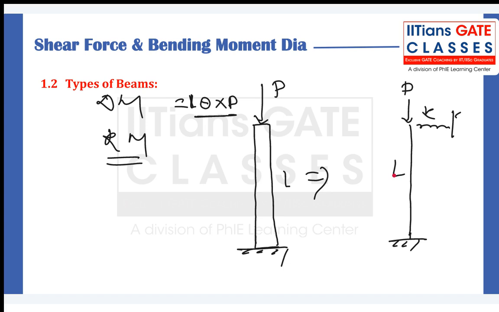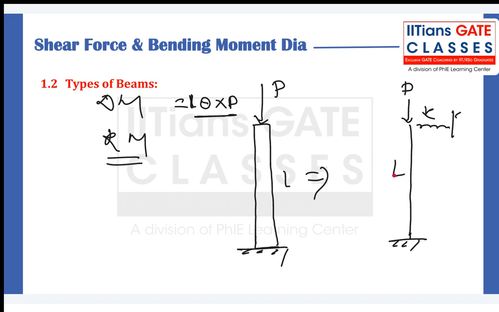We can idealize any structure into simple structures, right? This is a rigid link with a spring, and K is the stiffness of this column.